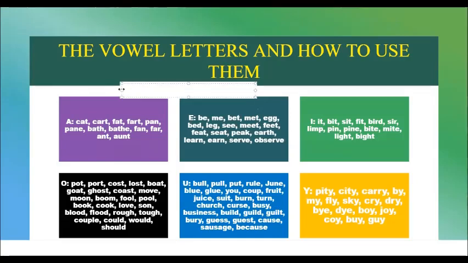Well, perhaps I should use the red ink. We have A, E, I, O, U. So these are the 5 vowel letters.